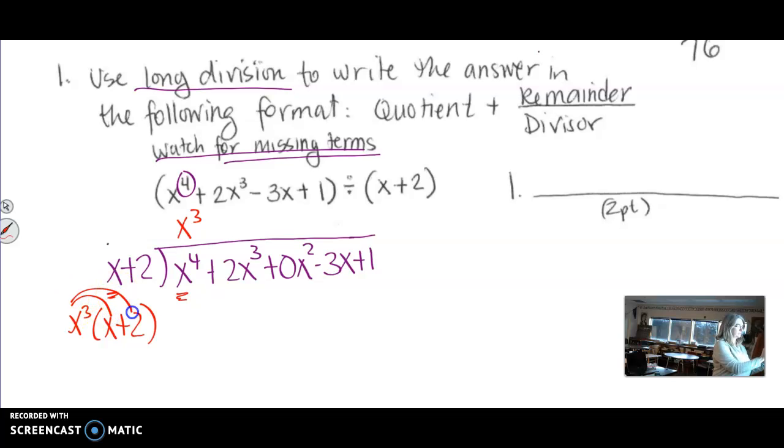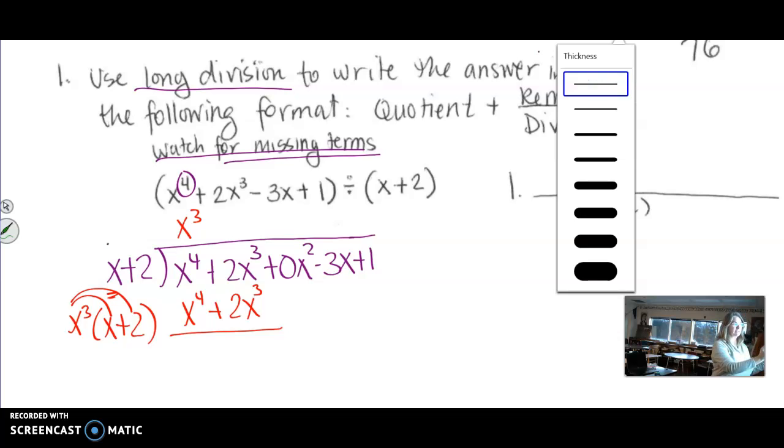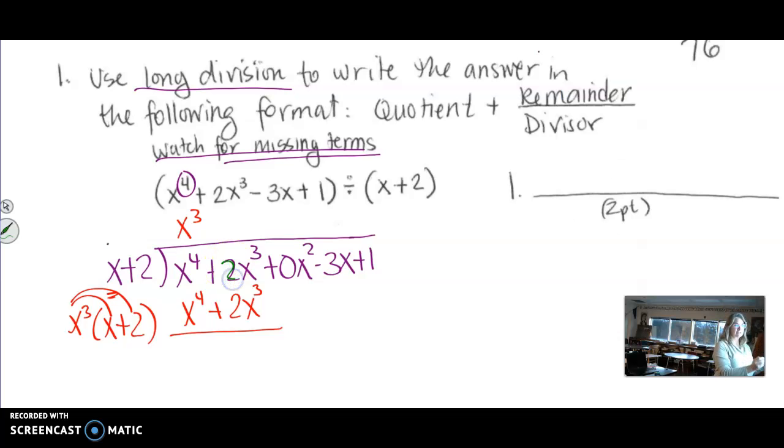We distribute the x to the 3rd, and we end up with x to the 4th plus 2x to the 3rd, which we put right underneath. This one is a little bit unusual, because when I subtract 2x to the 3rd, I end up with 0x to the 3rd.